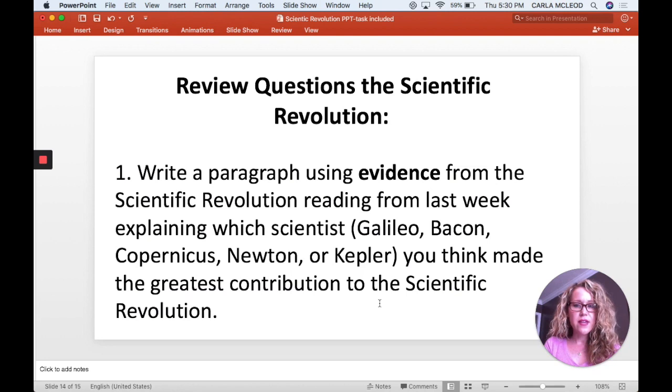So the first thing asks us to write a paragraph using evidence from the scientific revolution reading from last week, and you need to explain which scientist you think made the greatest contribution to the scientific revolution, whether it be Galileo, Bacon, Copernicus, Newton, or Kepler. So when we say use evidence, that means you look back at the text and state where you found your evidence for your answer.